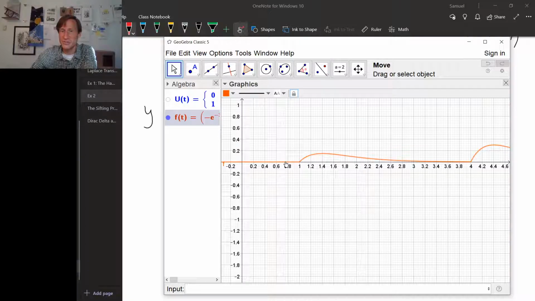Since it's not moving at all, and the mass of the system is 1 kilogram, 1 kilogram meter per second of impulse will change its velocity by 1 meter per second. And so the slope of the tangent line right here is actually 1, but then of course immediately the damping takes over and the spring starts pulling on the thing.